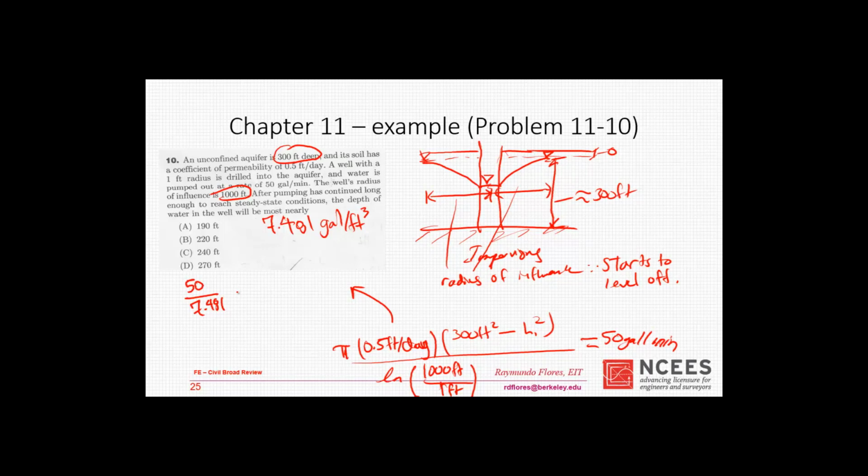Let's say per minute for the time being. Actually, there are how many minutes in a day? There are 60 minutes in an hour and 24 hours in a day. So that's how many minutes there are in a day, and that officially gets you into per day.